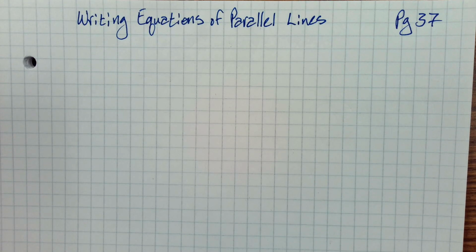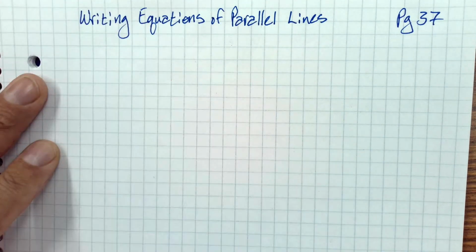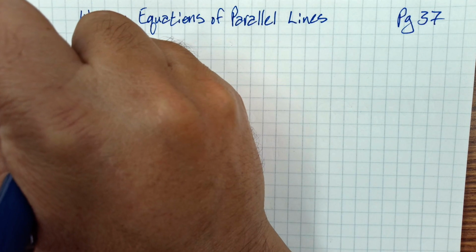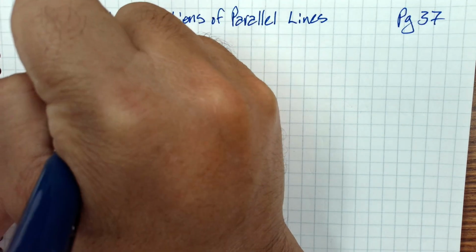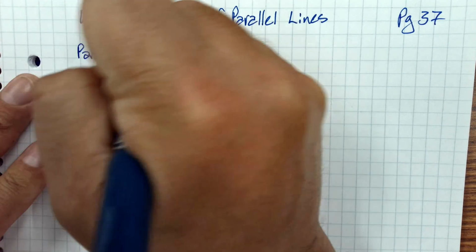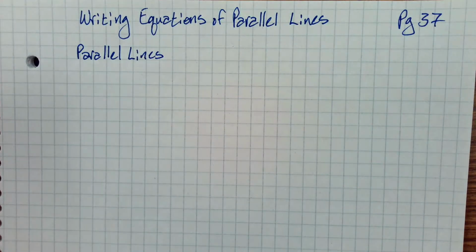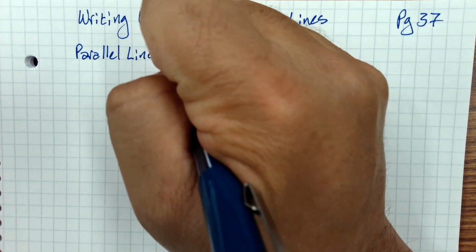All right, so we're writing equations of parallel lines. Let's just get a few things out of the way. First of all, let's start with parallel lines. We have a symbol for this.